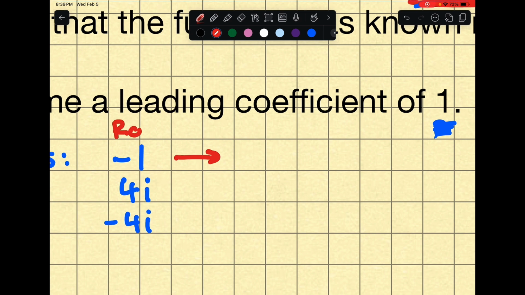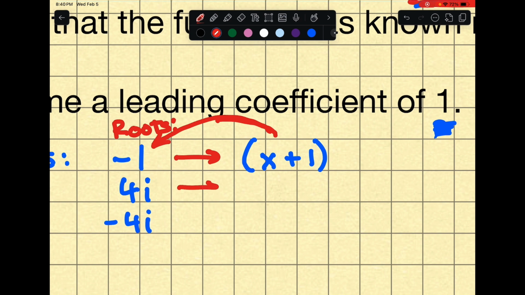Remember, these are roots over here, which are already labeled, and then we go to the factors, and the factor is always x minus the root, right? So for instance, if we have a root of -1, then the factor is x minus -1, which simplifies into x plus 1. Right? Remember, this would be the factor that's associated with that root.